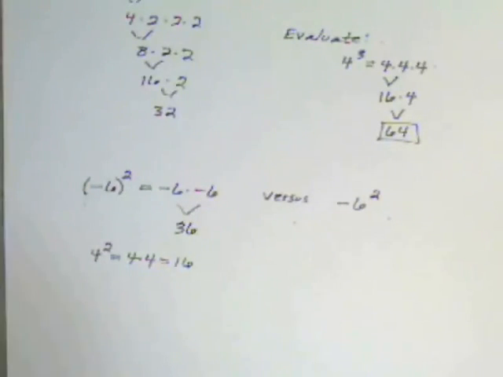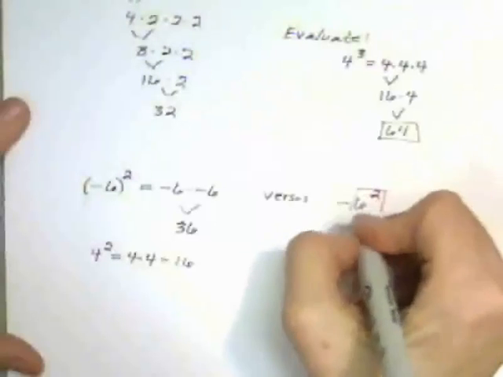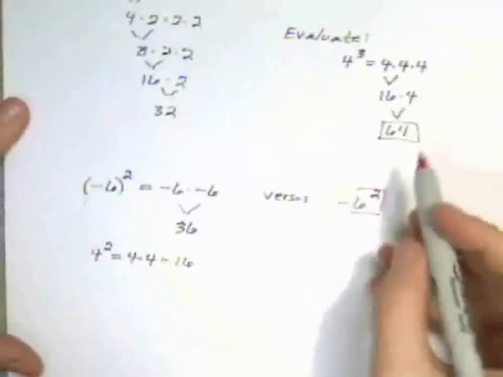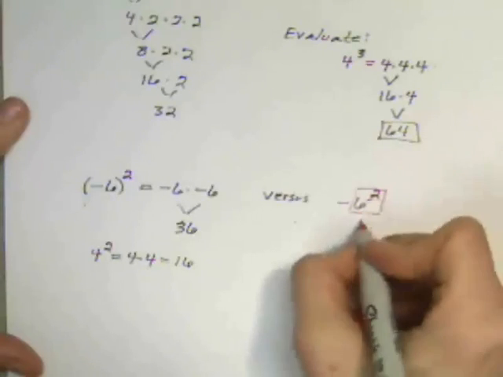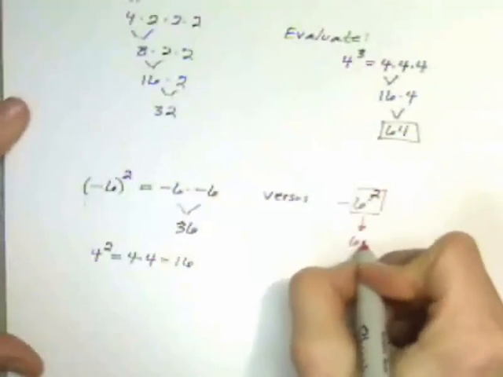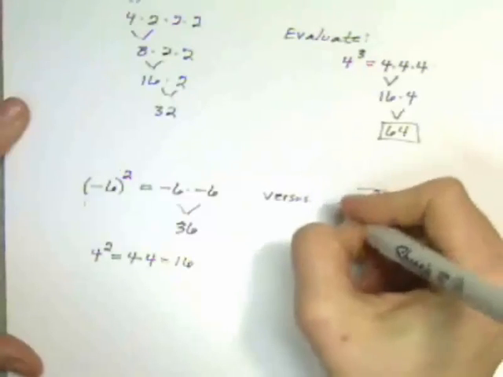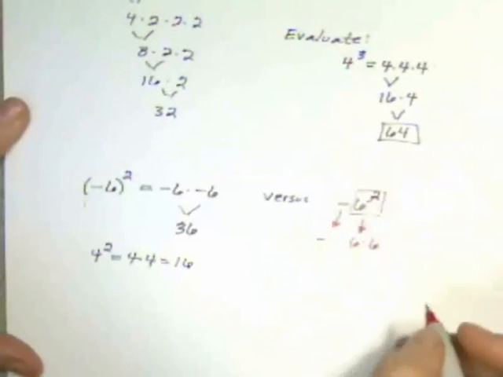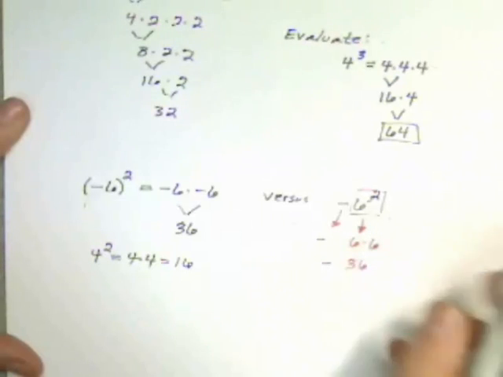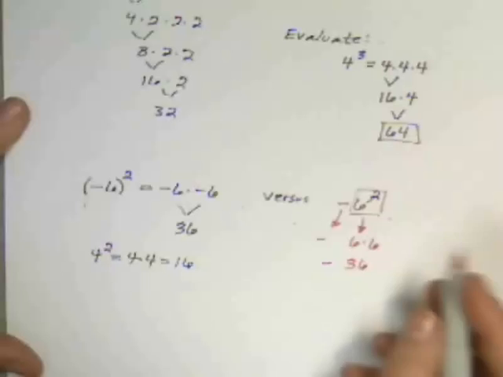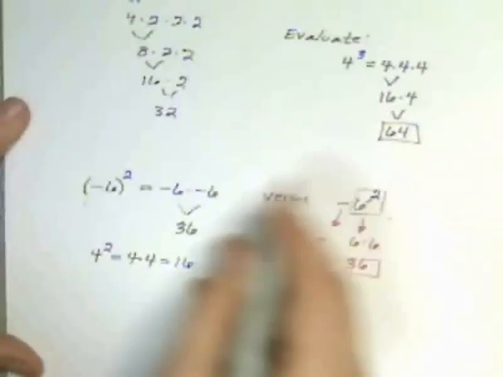The first thing that you're interested in here is squaring the 6. And without parentheses, it's only the number that's connected to that 2. So what this means is 6 times 6. And then, of course, you have a negative that was out front. 6 times 6 is 36. And that negative, since it wasn't repeated, it just comes straight down. You get a negative 36.